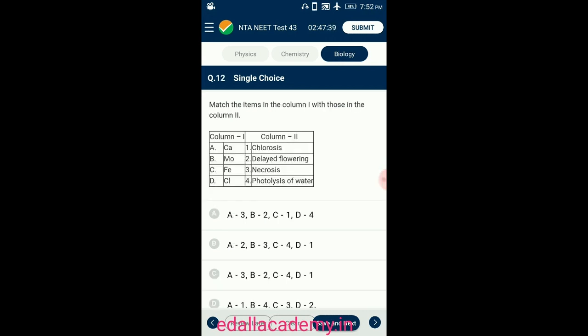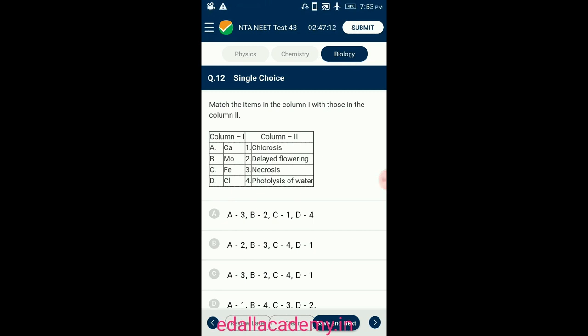Question number 12. Match the items in column 1 with those in column 2. Calcium is required by meristematic and differentiating tissues for cell wall formation as it is an important component of the middle lamella as calcium pectate. It is also needed for the synthesis of the mitotic spindle.